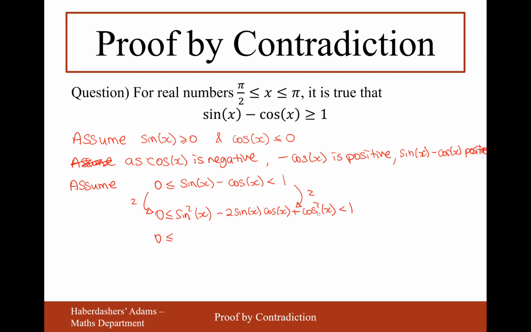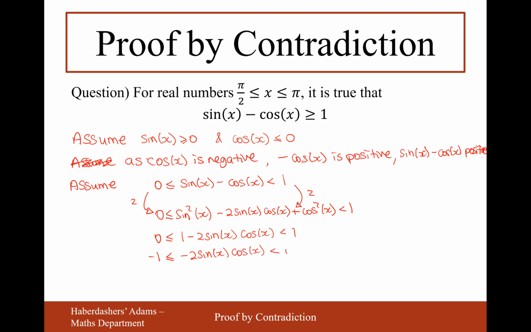And sine squared plus cos squared is 1, so I'll now write it as 1 minus 2 sine x cos x is less than 1. Take away 1 from both sides, so it'd be minus 1 is less than or equal to minus 2 sine x cos x.